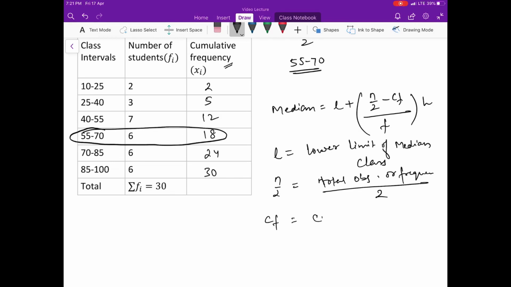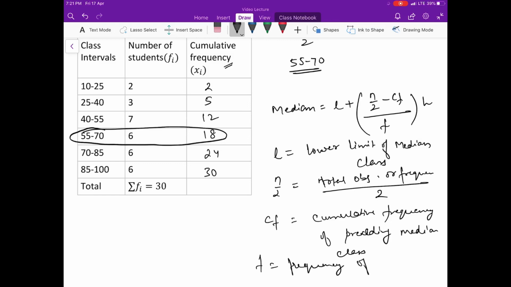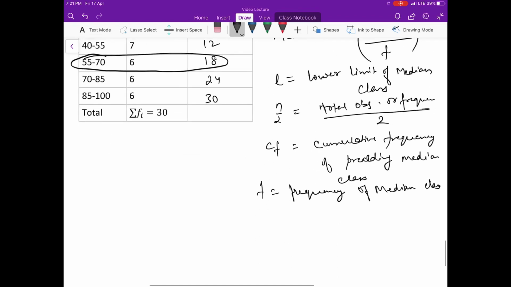Cumulative frequency, CF, is the cumulative frequency of the class preceding the median class, just above the median class. F is the frequency of the median class, and h is the class size, or height of the class.